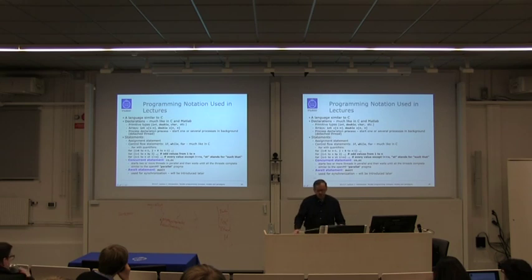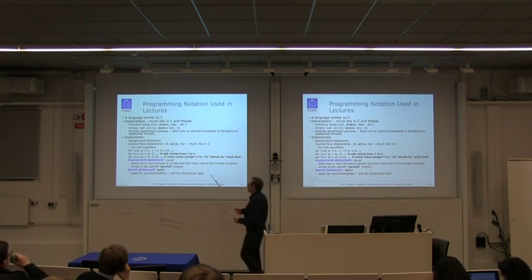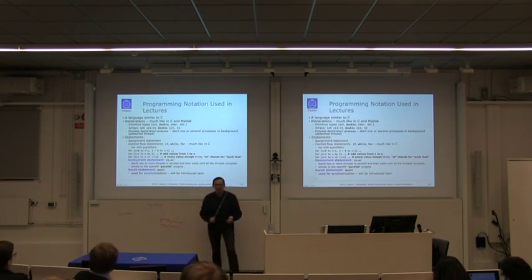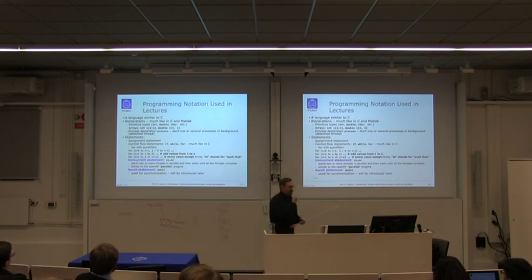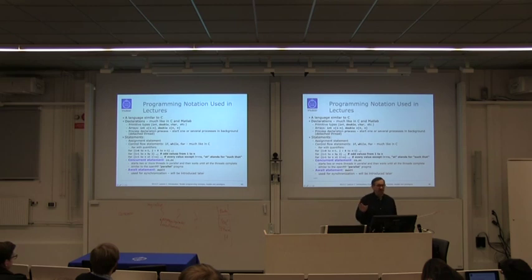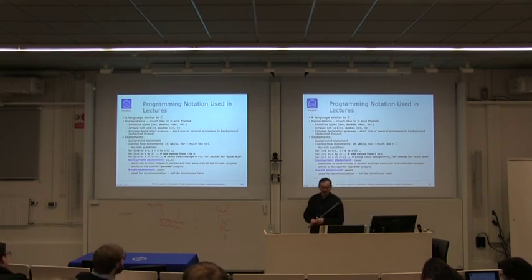Now, these are helping slides, just to show you, because I'm not going to use a specific language unless I give you a tutorial. For pthreads, I'll be using C, and for shared objects, Java.